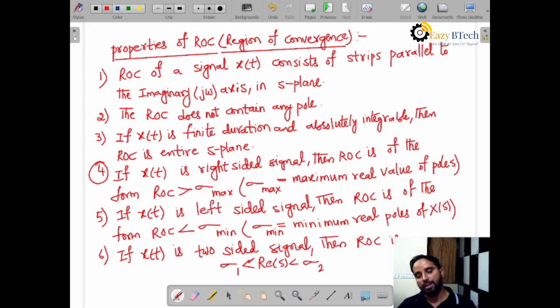So ROC will be like sigma 1 to sigma 2. So these are the properties of ROC in case of Laplace transform.